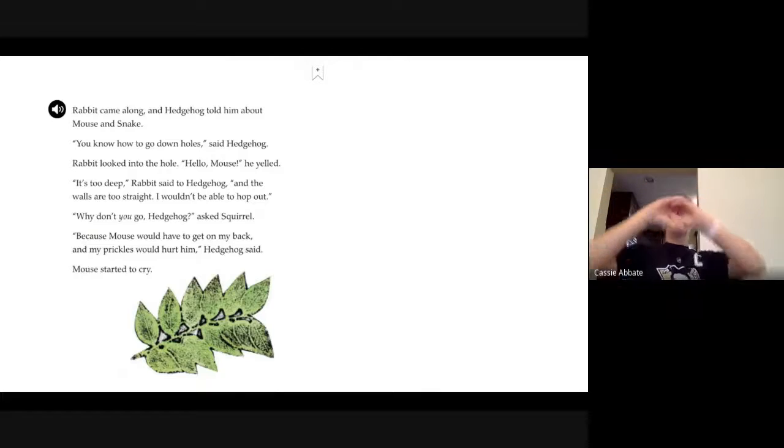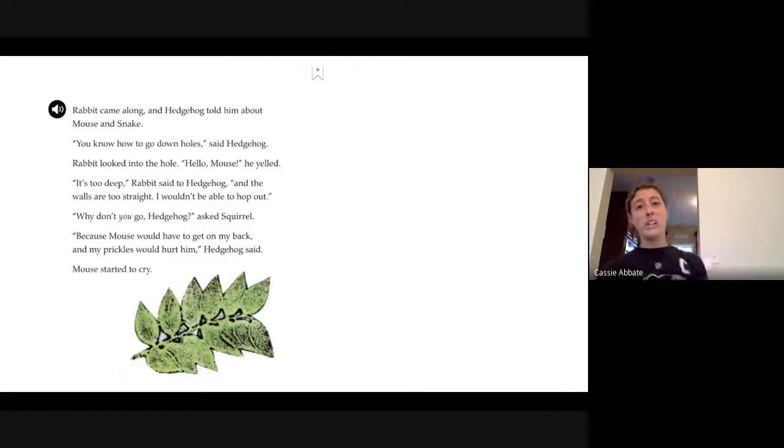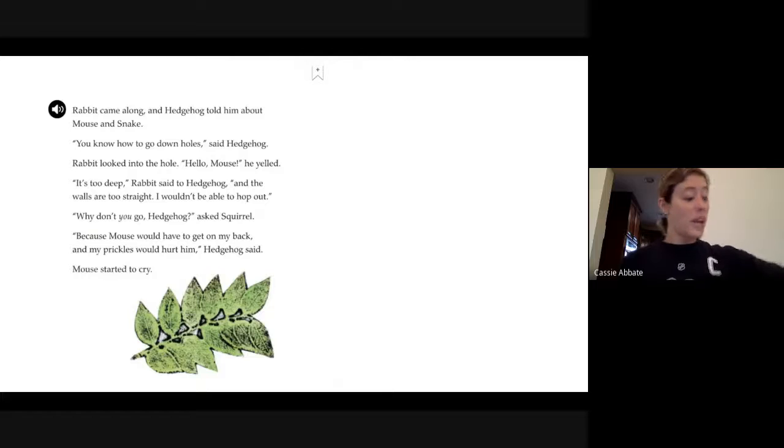It looks really narrow and skinny, and the ceiling is so far up. Think about trying to reach up there, okay? So again, I'm going to have you pause the video, and write down how you think Mouse is feeling right now. Visualize what Mouse is feeling based on these words. Go ahead, pause the video.